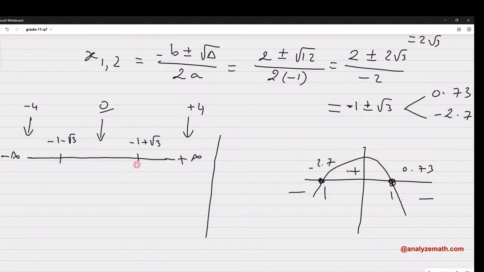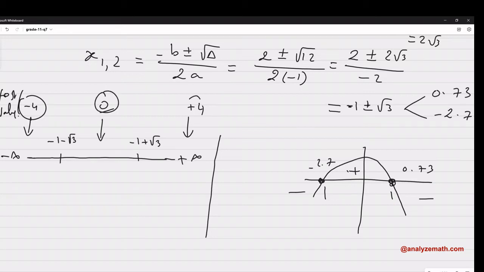I know that the sign of the y, which is the graph, changes at these zeros, and that's why I'm using them. Now these are test values. How can they help me? They can help me by just checking the sign that I found in the graph.